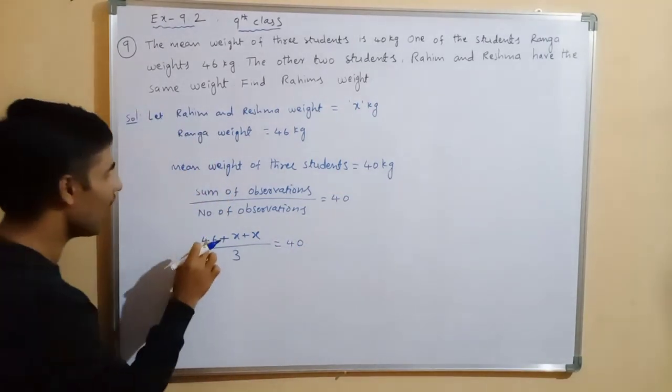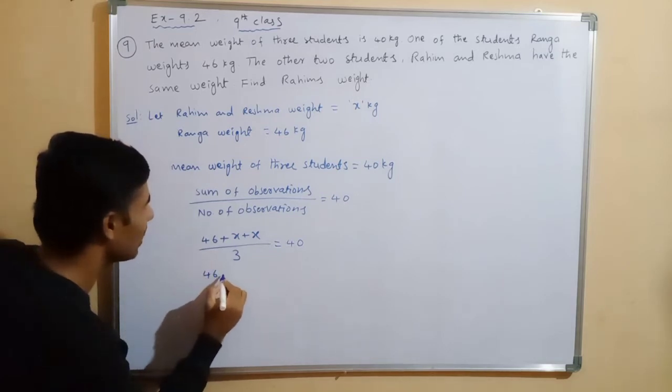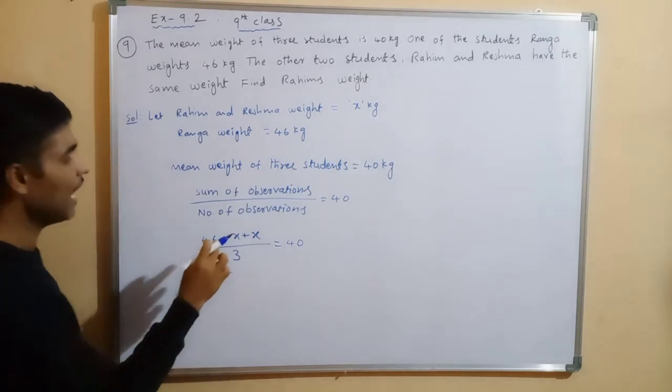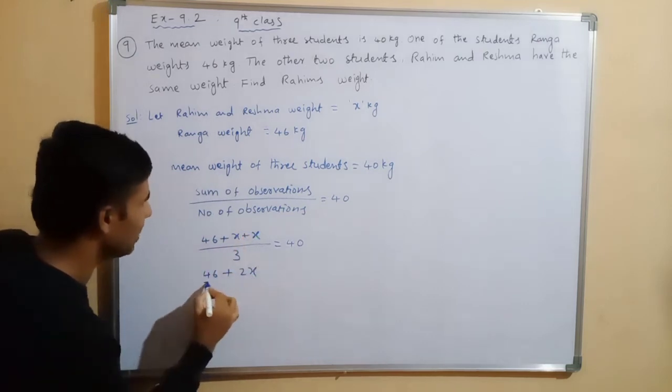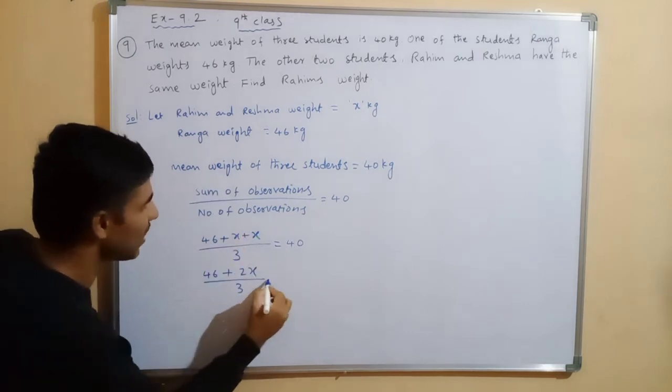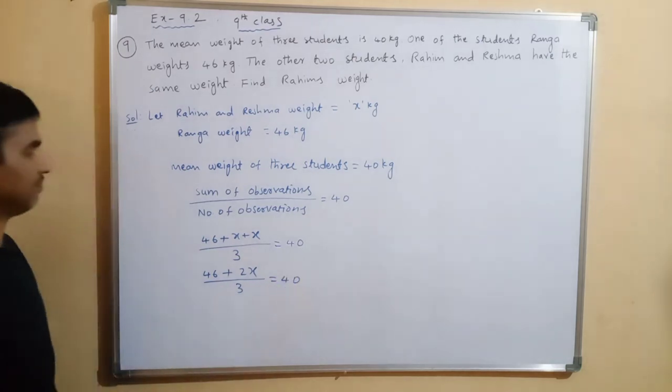Now x plus x is 2x, divided by 3, equal to 40.